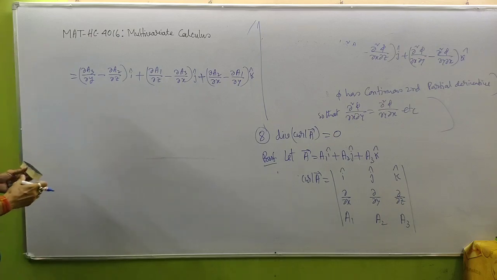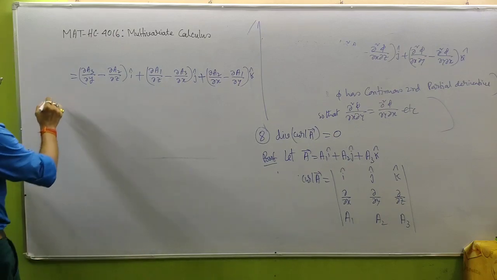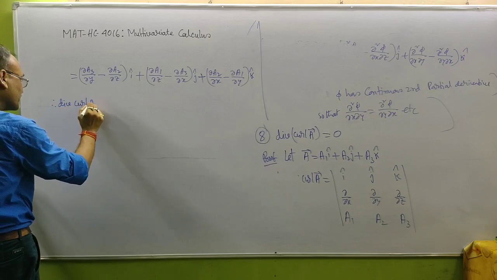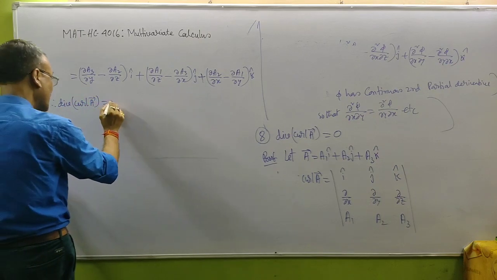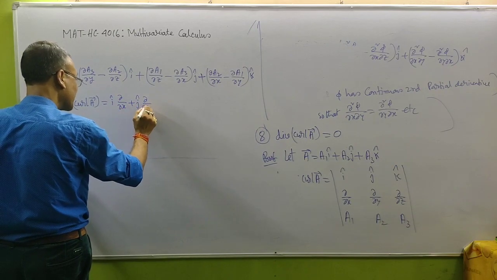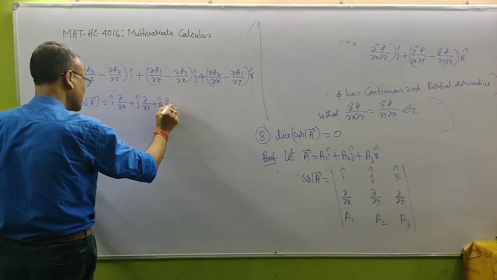Now, curl of this is equal to this. Therefore, divergence of curl A vector equals (i cap ∂/∂x plus j cap ∂/∂y plus k cap ∂/∂z).